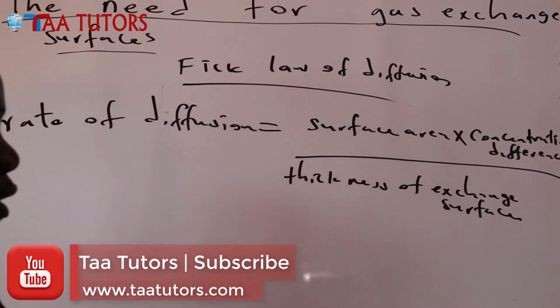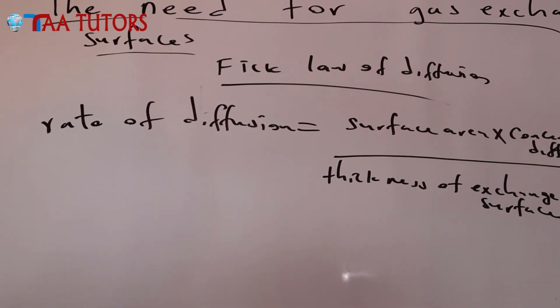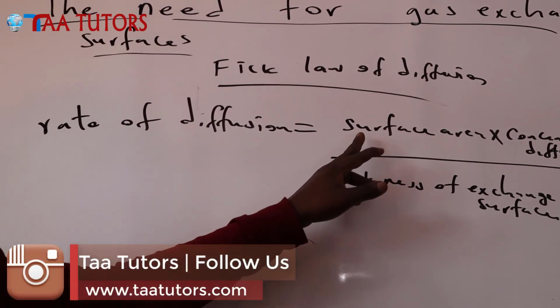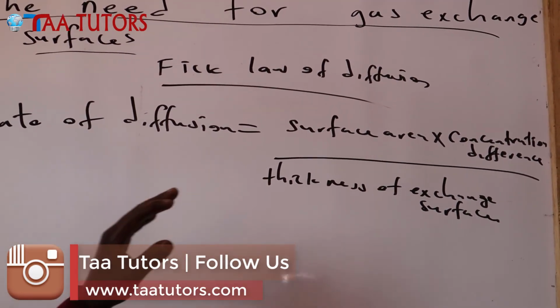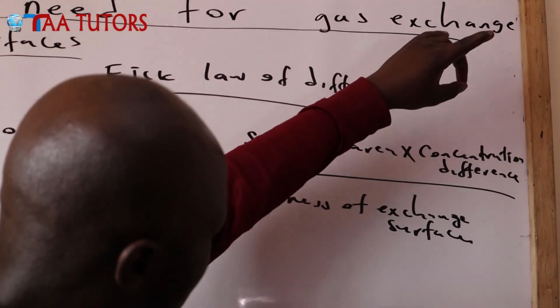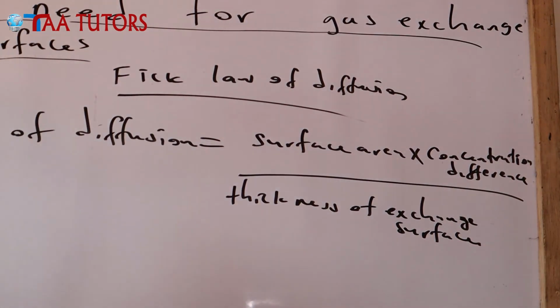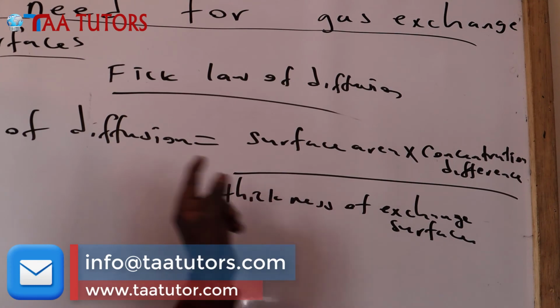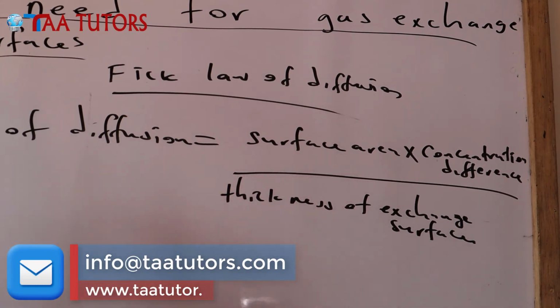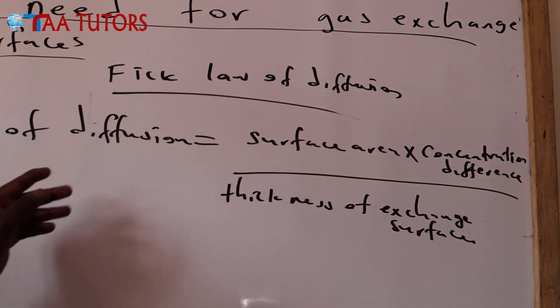This formula is really telling us one thing: anything that increases the surface area, and anything that increases the concentration gradient, and then lowers the thickness, the rate will be high. That is what Fick is trying to pinpoint.